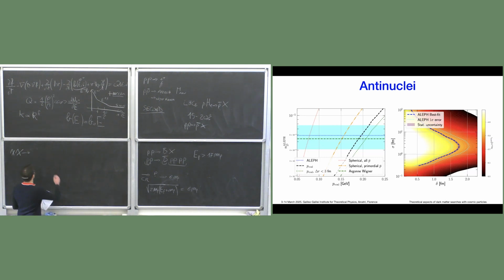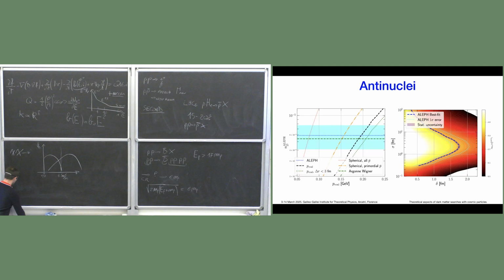This makes the production of antideuteron from dark matter much larger with respect to the one of secondary production at low energy. So basically, if you take here 1 GeV over nucleon for the kinetic energy of the antideuteron, this is 0.1.